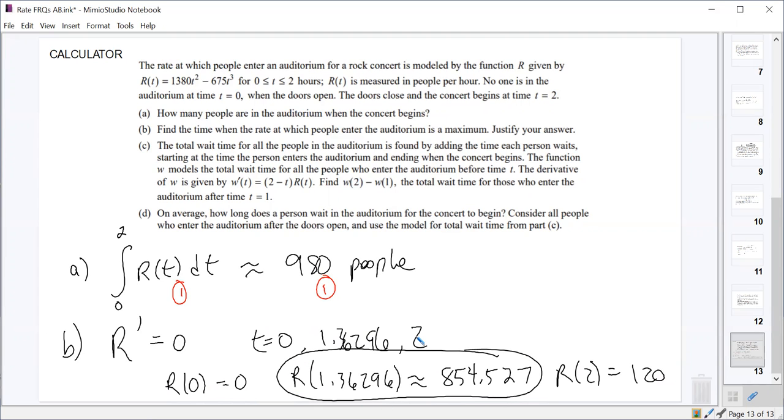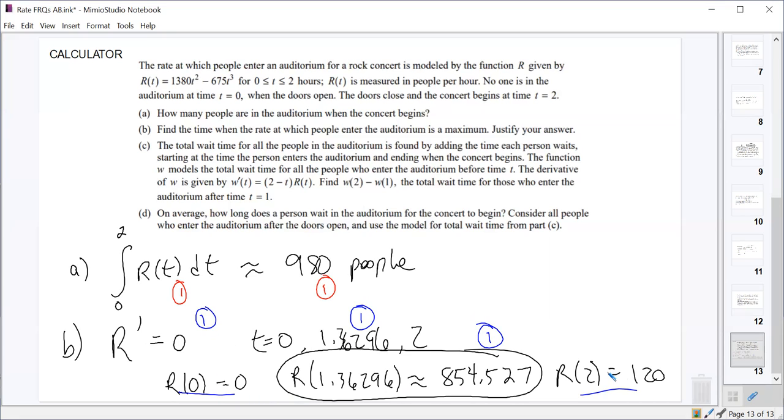That one, right? 854 is more than 120, which is more than 0. Yeah. That was worth 3 points. 1 point for seeing when R prime was equal to 0, 1 point for getting the correct interior critical point, and 1 point with the correct answer with the justification that all the other ones were less than that.